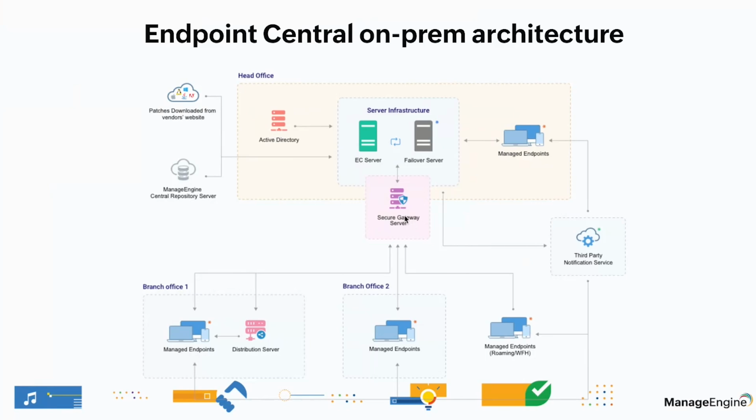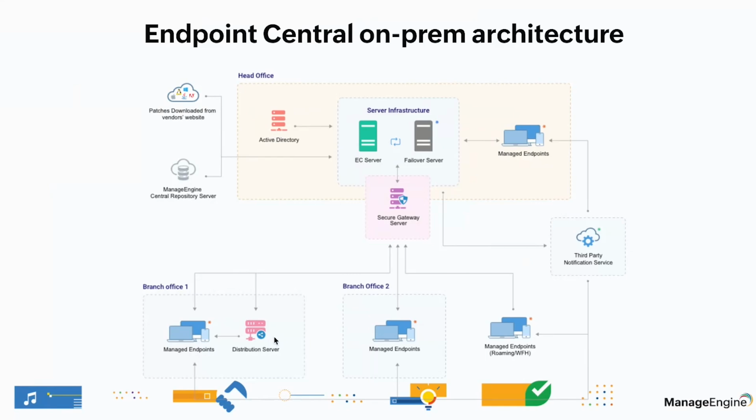They will get authenticated, and then the communication will be forwarded to the Endpoint Central server. The secure gateway server is a specially designed reverse proxy. How to configure it and how exactly it works, we will talk about later during the session.